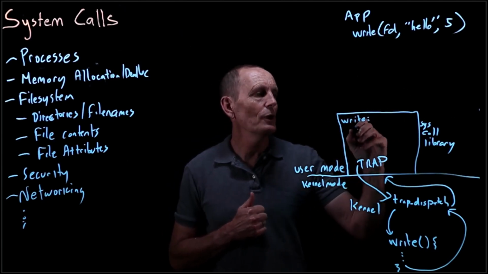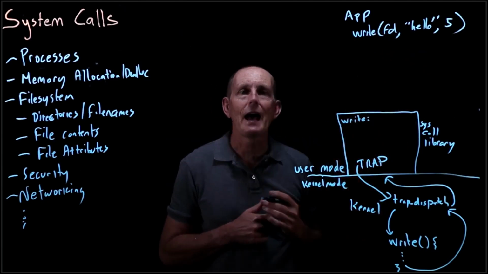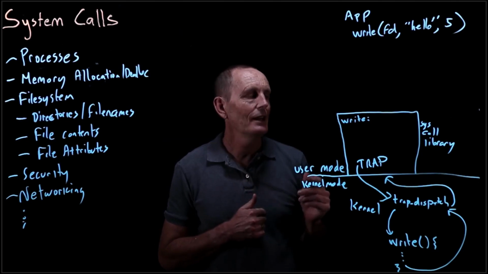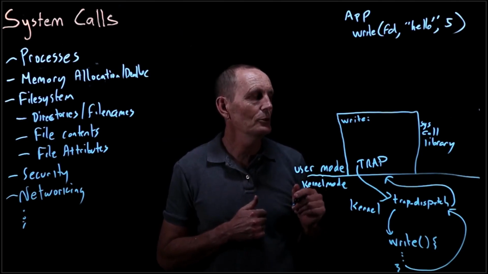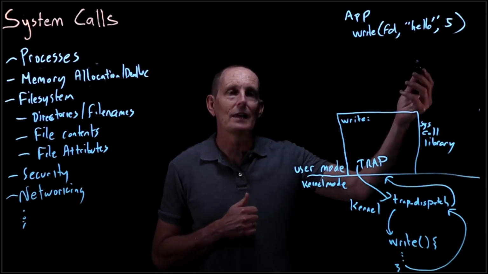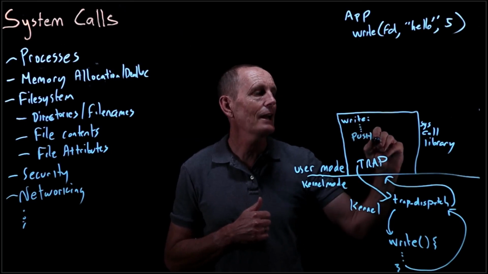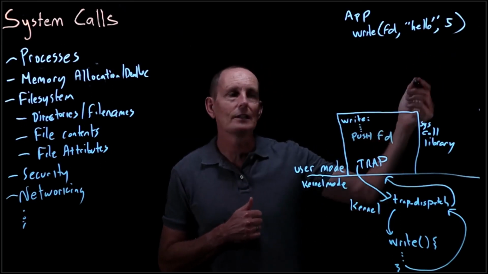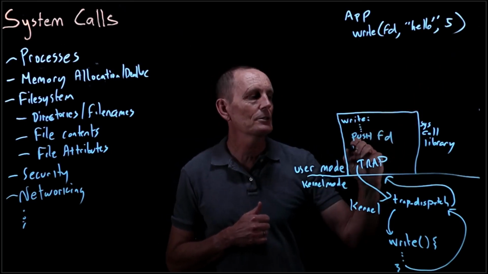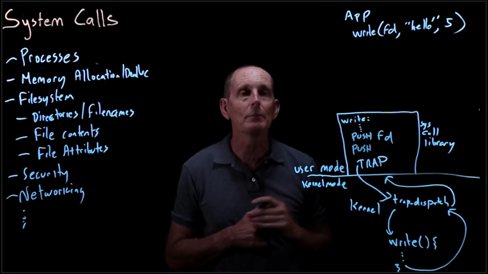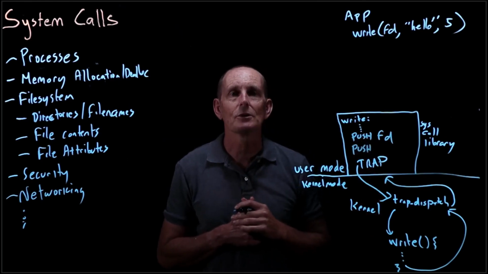It's going to have these parameters on the stack, the file descriptor, the hello, and 5, as well as the return address. So it's going to do a couple things, and then it's going to push onto the stack. It'll push on the 5, it'll push on the hello, it'll end up by pushing the file descriptor, and then it's going to push a number that specifies which system call this is.